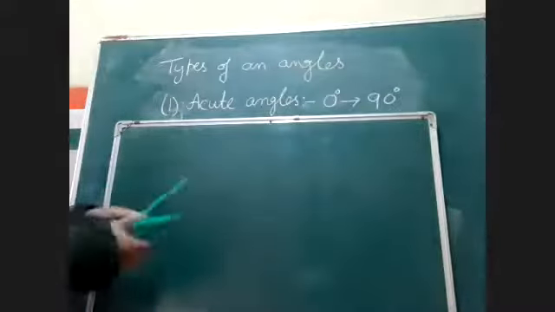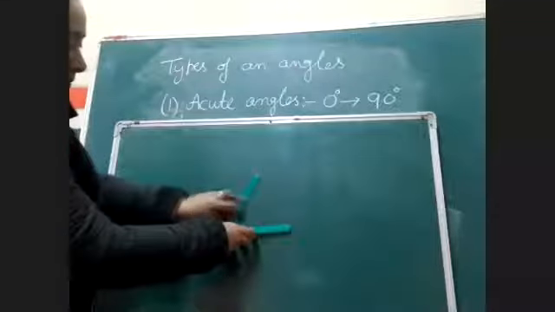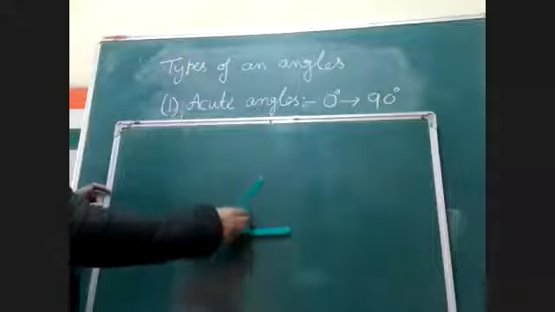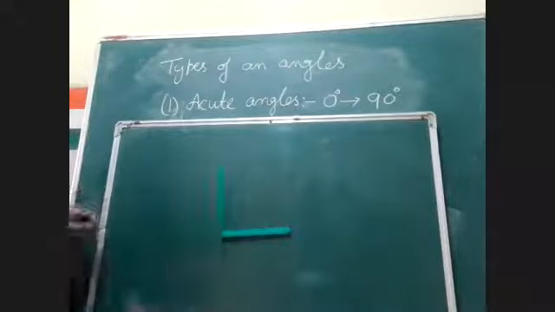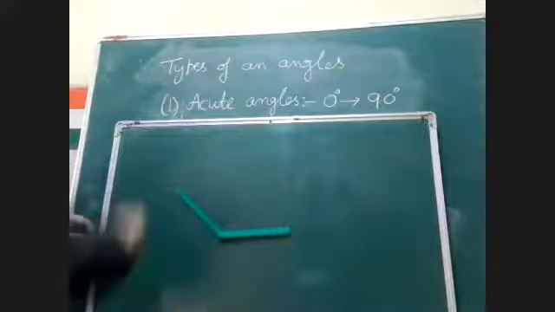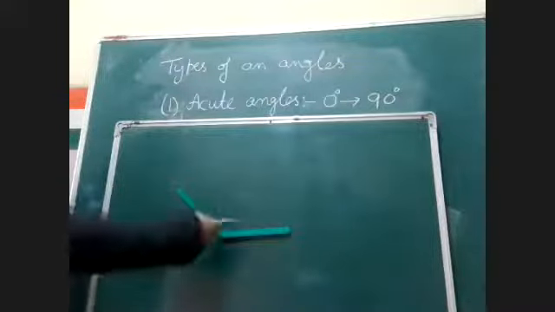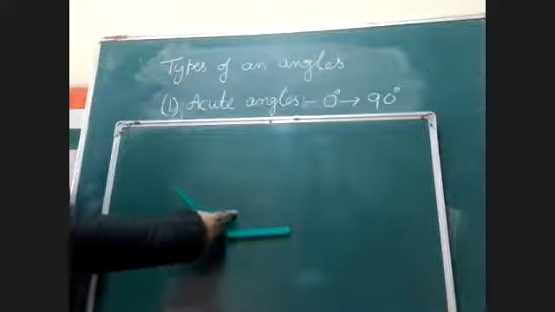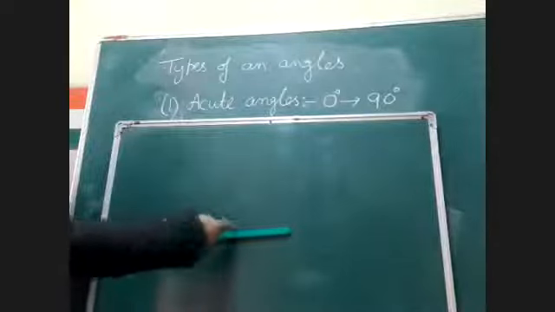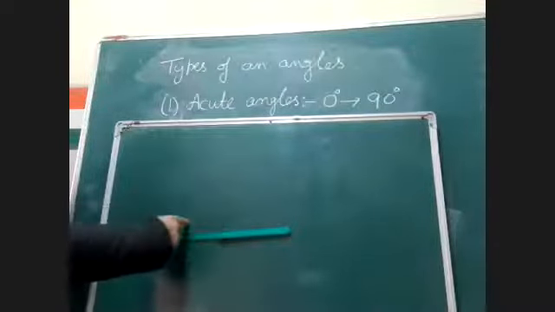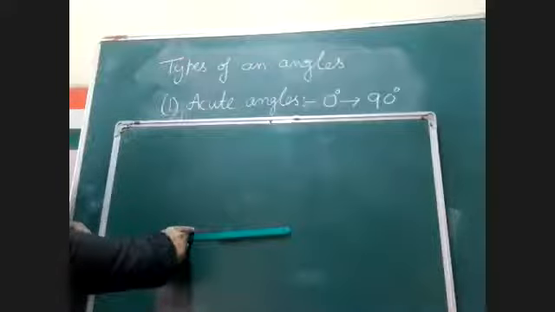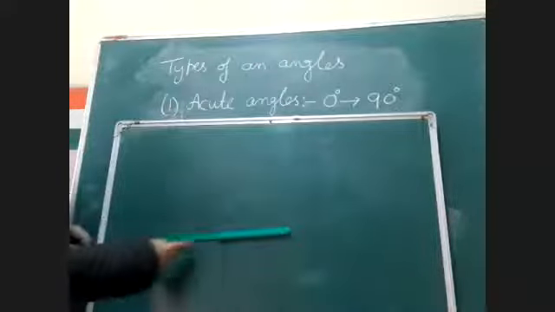Now see once again, in sequence. First is the acute angle, the right angle, then the obtuse angle, this one. Now straight, a semicircle, the straight angle.